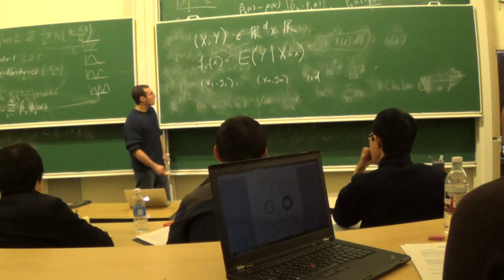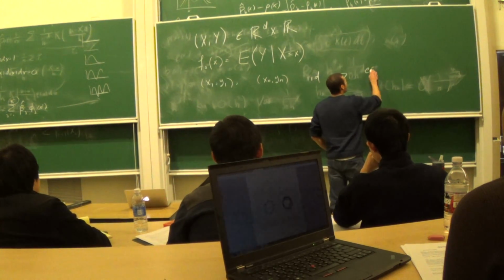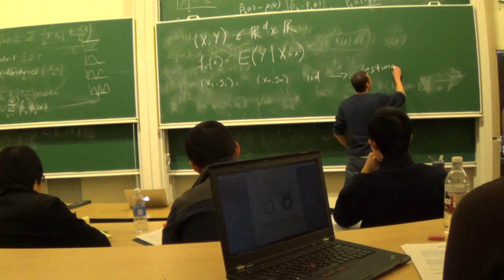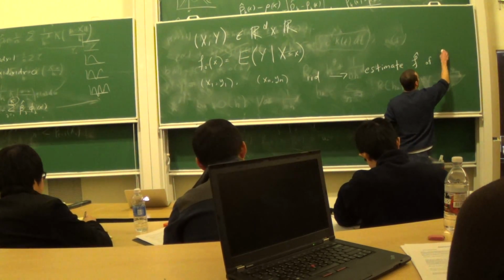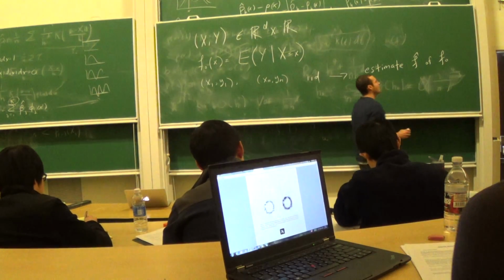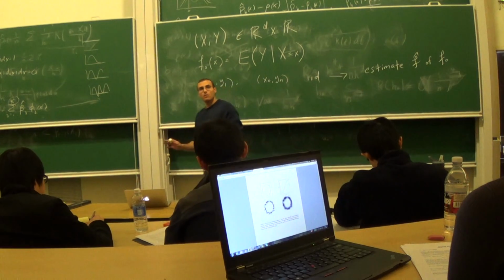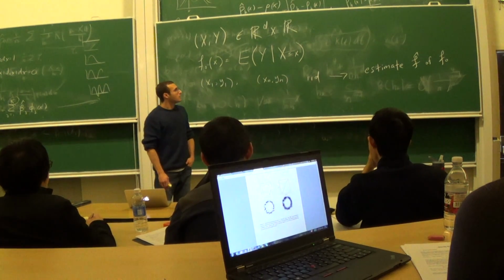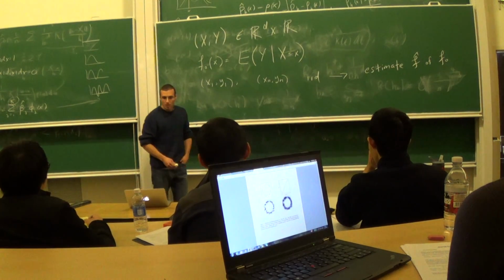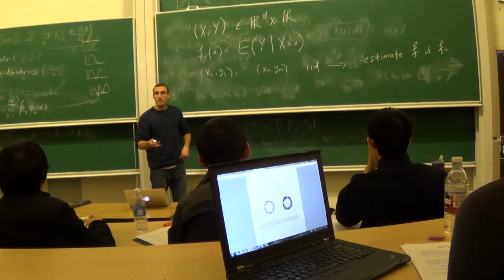The goal is, from these samples, to construct some estimate f hat of f0. And we'll look at tons of ways to construct that estimate f hat. So what's the basic way of expressing these samples via an error model?